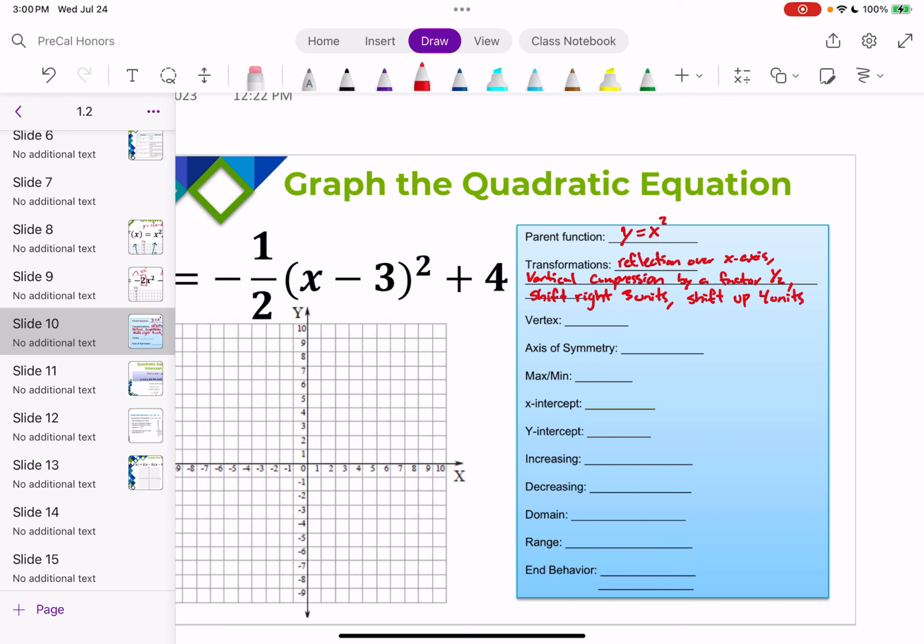Our vertex here would be (3, 4). Axis of symmetry is x = 3. We would have a maximum, since we have a -1/2.